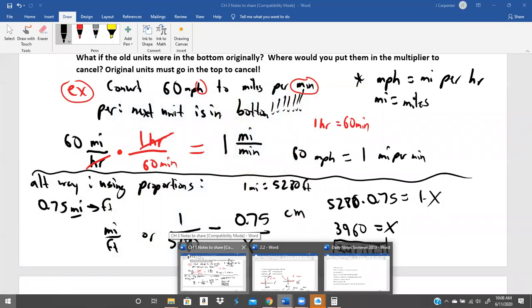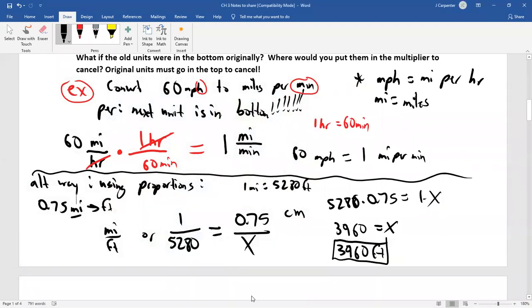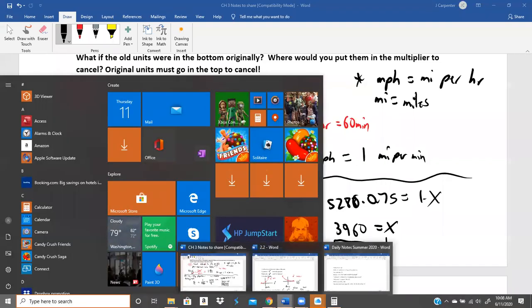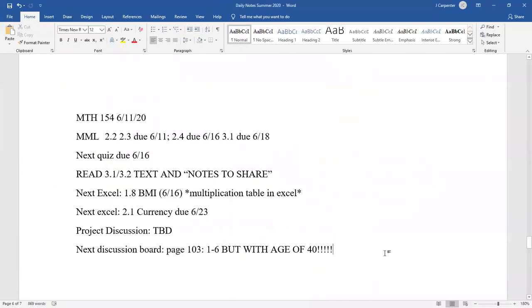That was page 118 and 119, right? And that was problems F, G, and H. Again, I even gave you ballpark answers, so you should know if you're right or wrong when you're doing this.